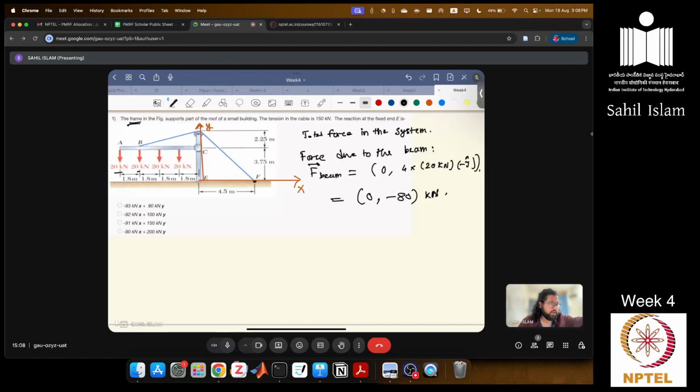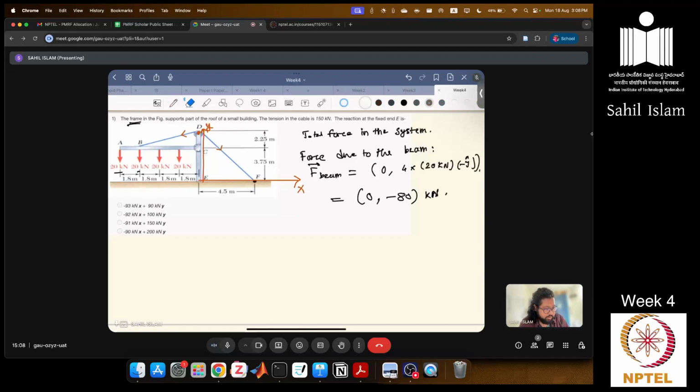Next, let's find out the force at this pulley. Remember this is the y direction. If you look at this, there is one force acting along this direction and this direction.